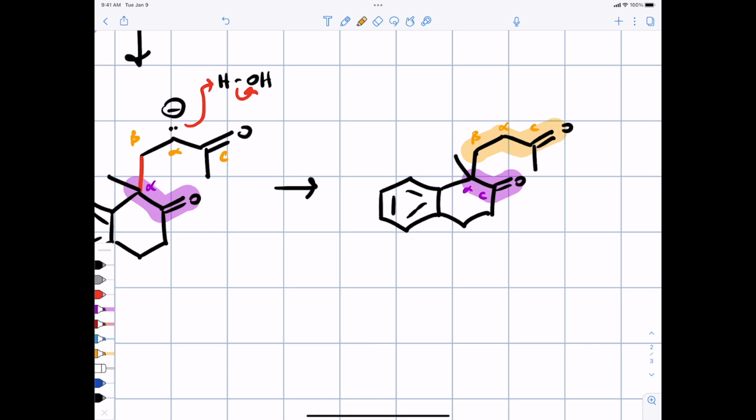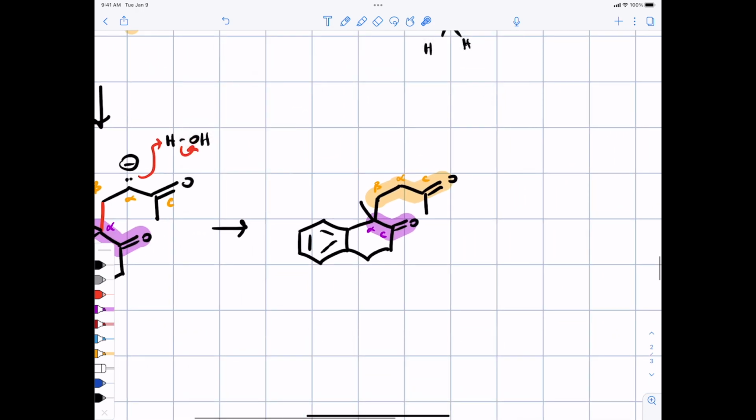All right. Now, you've got to do the intramolecular aldol reaction, and you're going to choose the one that gives you a 6-membered ring. Notice that there are no alpha protons here to be removed. Notice that if I remove this proton, I would make a 1, 2, 3, 4, 5, 6-membered ring.